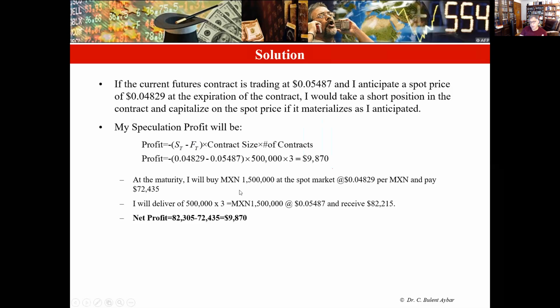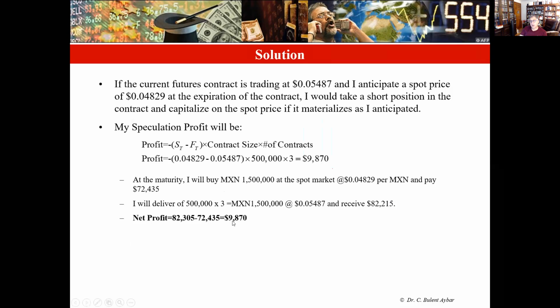I have an obligation to deliver 1.5 million Mexican pesos. So I go to the spot market, purchase the Mexican pesos in the spot market at 0.04829, 1.5 million pesos, pay 72,435, and go to my contract counterparty, deliver 1.5 million Mexican pesos at 0.05487. I receive 82,215.